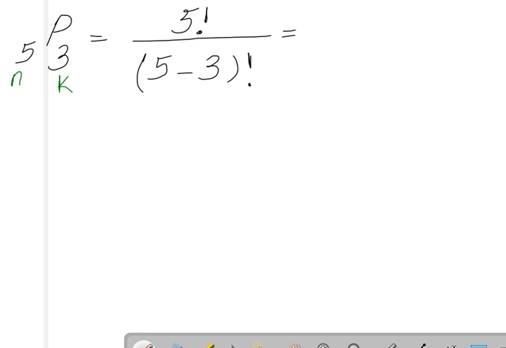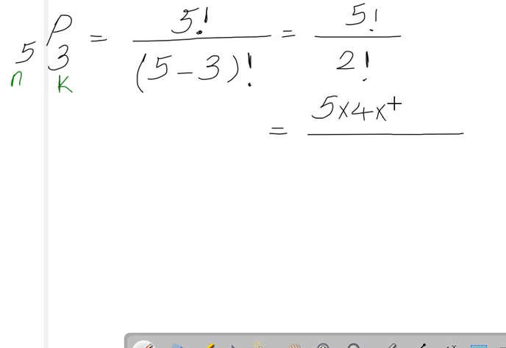So it's 5 factorial over 2 factorial, it's 5 times 4 times 3 times 2 times 1 over 2 times 1. So it's 60.